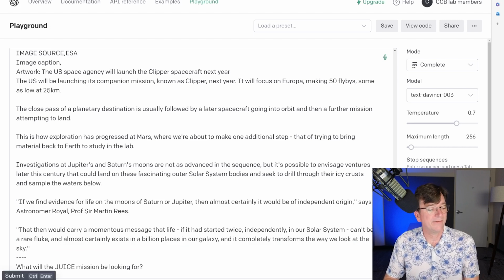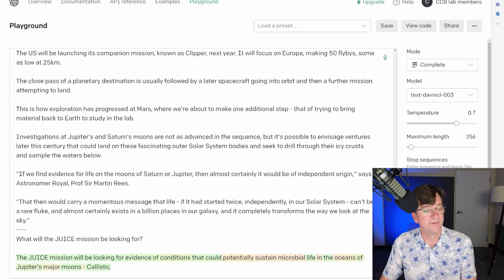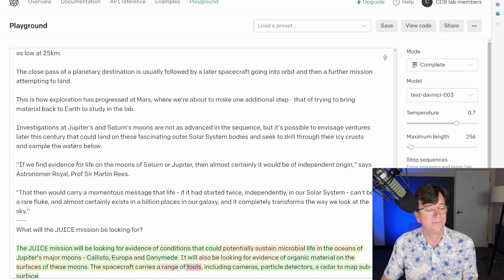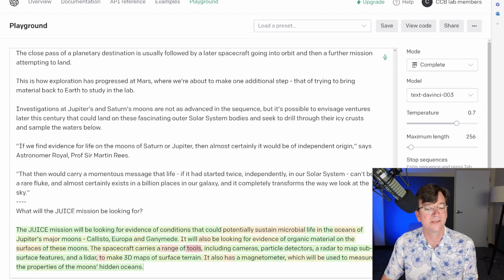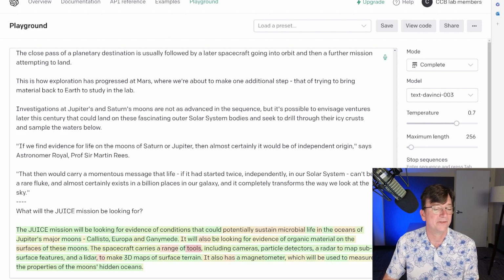And we're again giving it the newspaper article from today's BBC, and it'll say the JUICE mission will be looking for evidence of conditions that could potentially sustain microbial life in the oceans of Jupiter's major moons, Callisto, Europa, and Ganymede. It'll also be looking for evidence of organic materials on the surfaces of those.